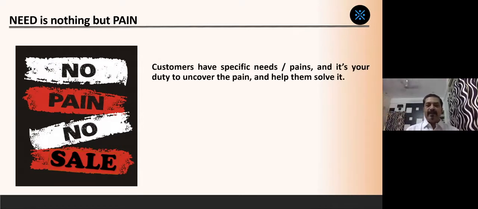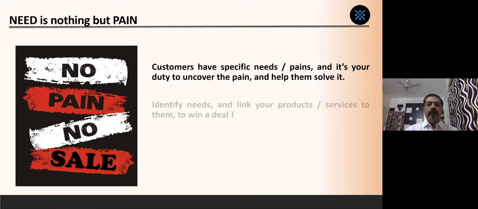Customers have their needs and wants, or customers do have pains, right? When you're talking to them, your objective should be to uncover that pain and help them solve it.